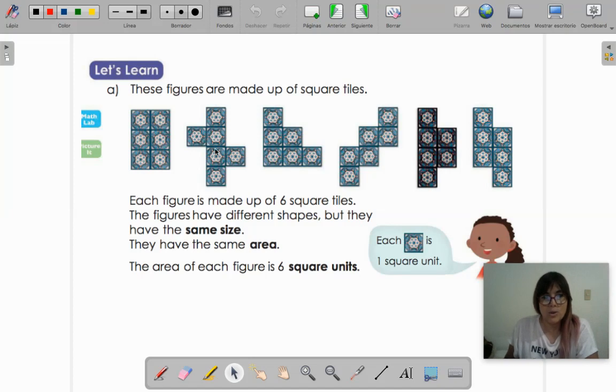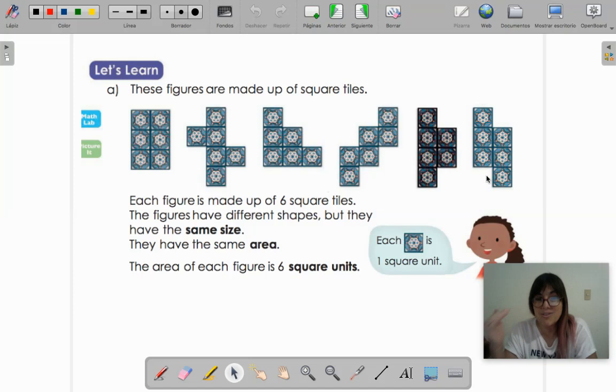Each figure has 6 squares. So do you see it's true that all of them have the same number of squares? And because they have the same number of squares, it's the same area.